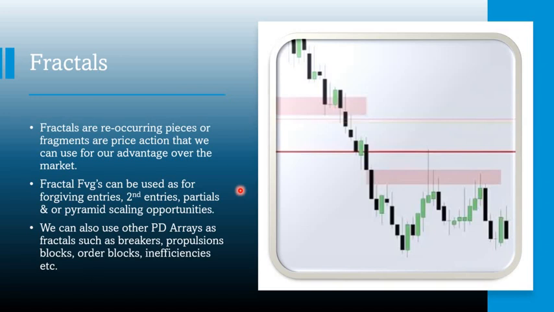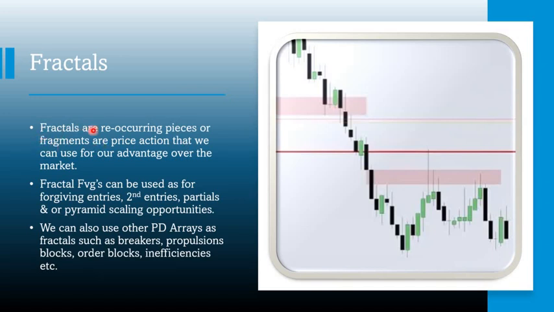Fractals are the most confusing because you don't know which fractal it's going to target and fill. You don't know which fractal it's going to reject. That's why fractals are one of the most confusing types of advanced gap theory inefficiencies to understand, because it takes skill and also takes experience to understand which gap it's going to fill.